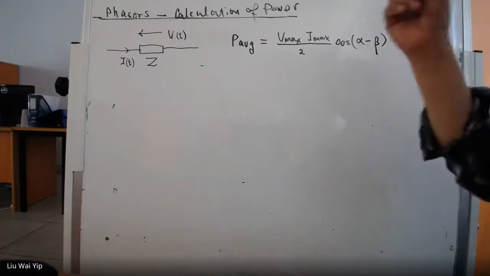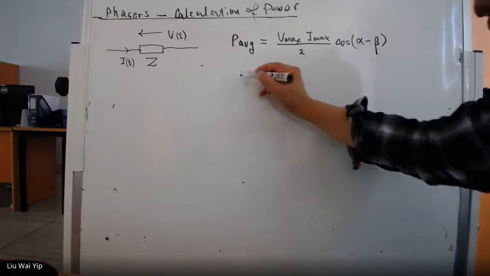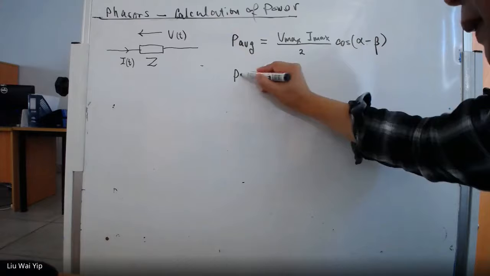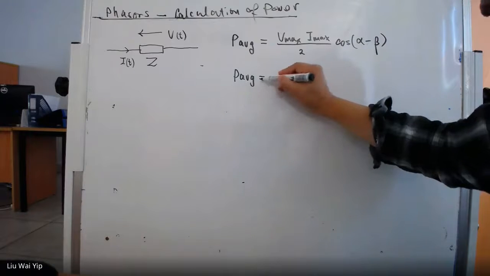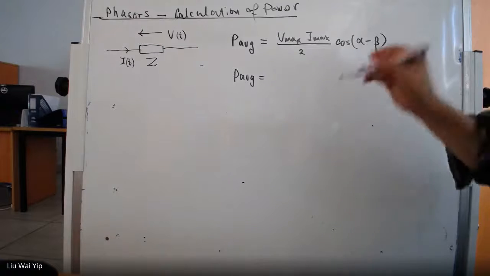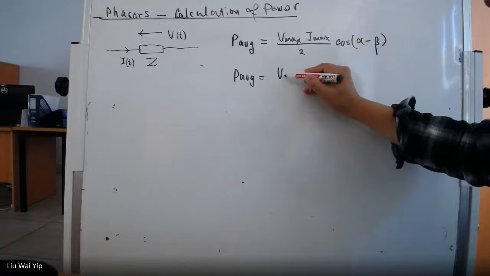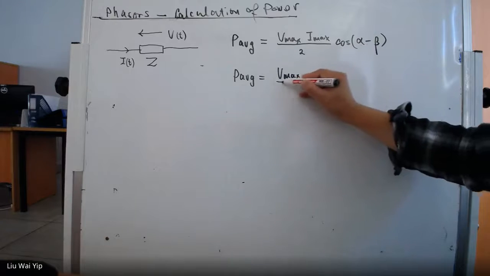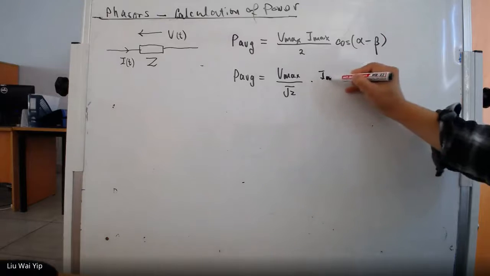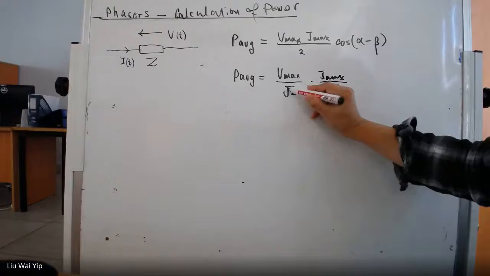Now, the engineers had come up with another variable to replace this expression instead. So they have I max divided by root 2.